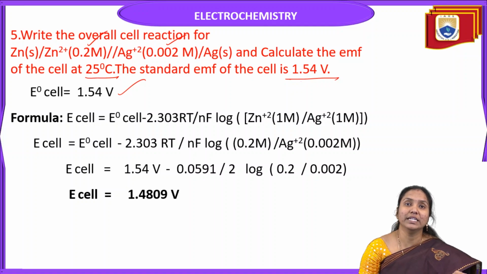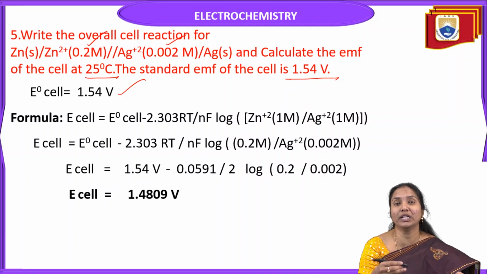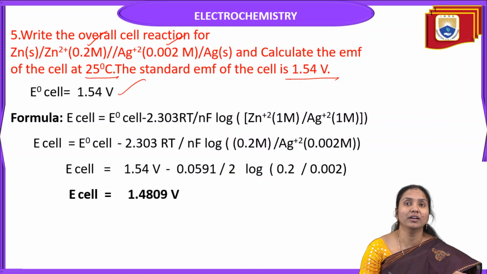So the formula is E cell equals E naught cell minus 2.303 RT by NF log concentration of zinc by concentration of silver. So E cell equals E naught cell, this value is given directly, 1.54 in this data.